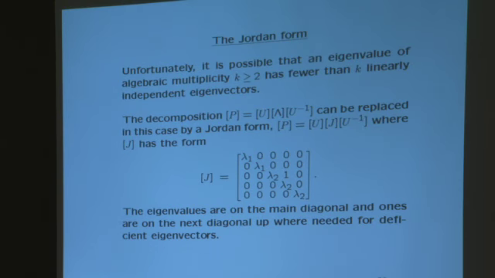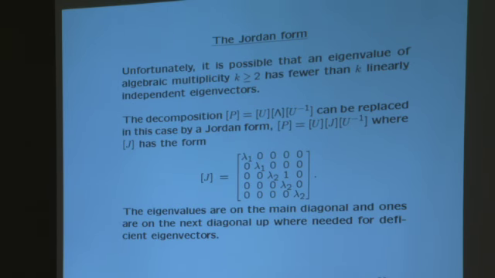There's a theorem due to, I guess, Jordan, because it's called the Jordan form. And what Jordan said is, in the nice cases we talked about, you have this decomposition of the transition matrix P into a matrix here whose columns are the right eigenvectors, times a matrix here, which is a diagonal matrix with the eigenvalues along it.